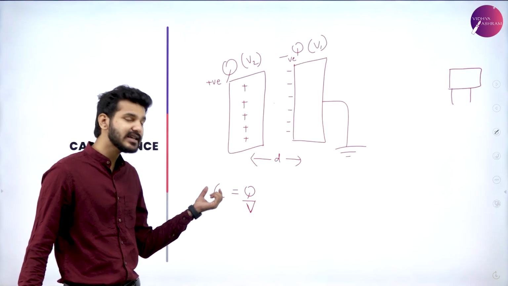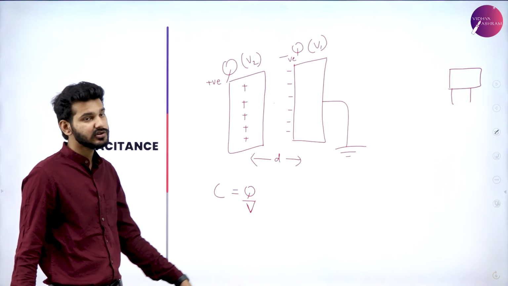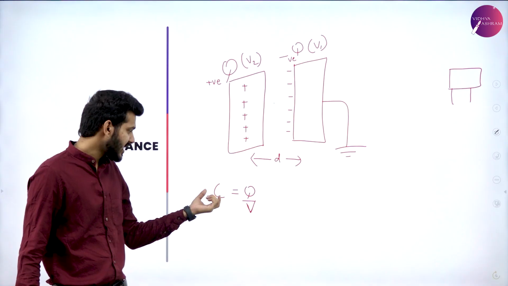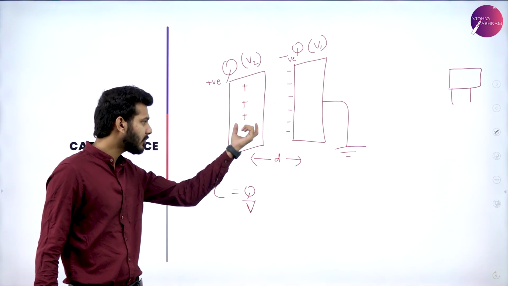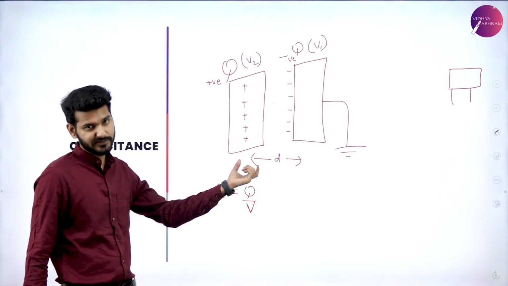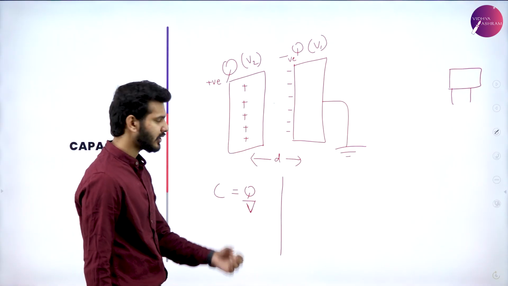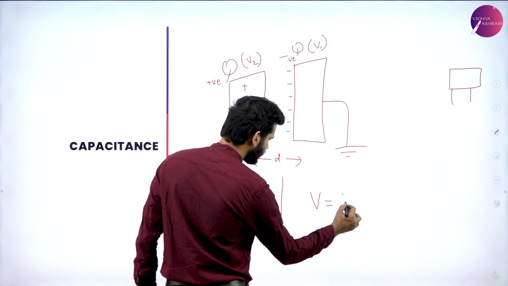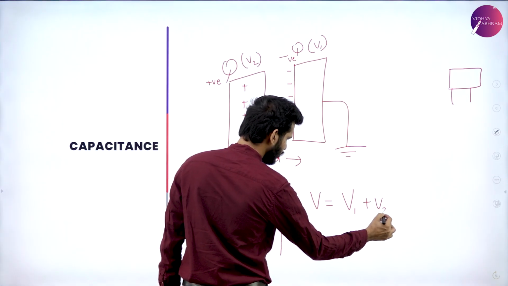So in order to increase capacitance, we have to decrease potential. We know that they have a net potential between them, and if I want to increase the capacitance, I have to decrease the potential at this point. So first we have to find the net potential. So net potential V is equal to V1 plus V2.